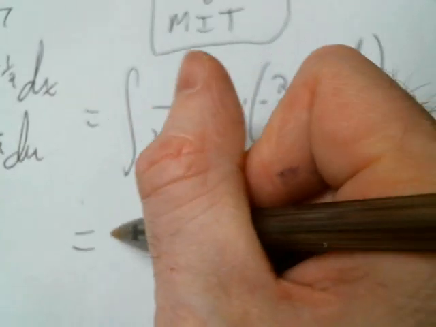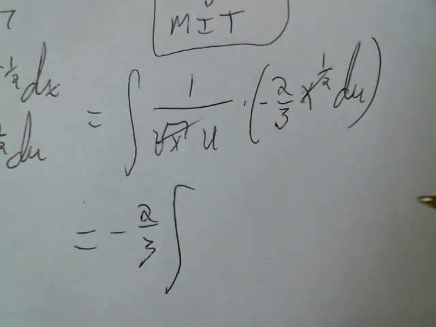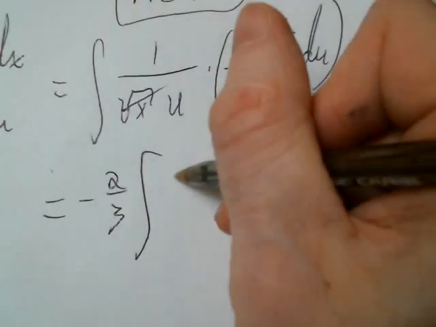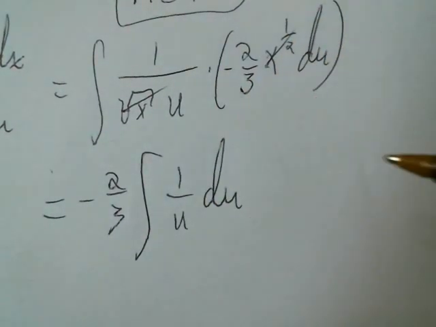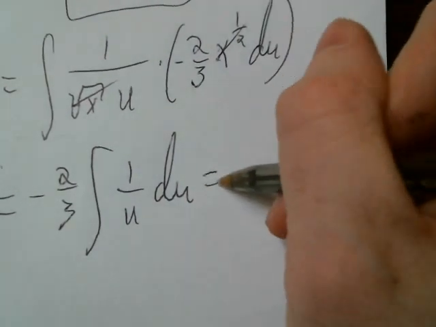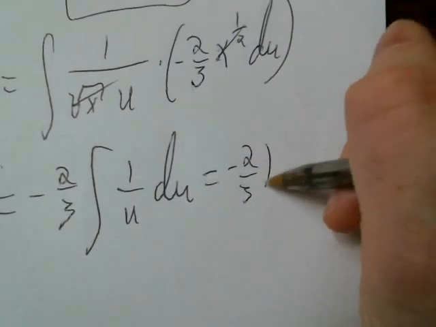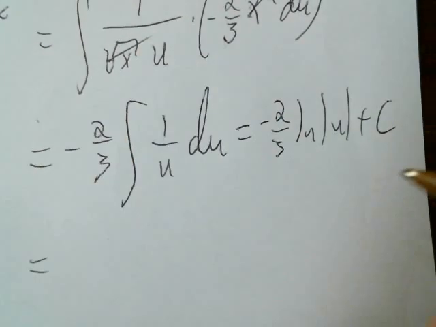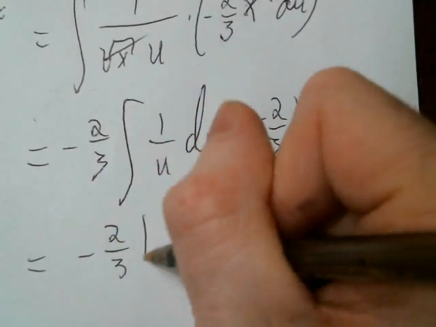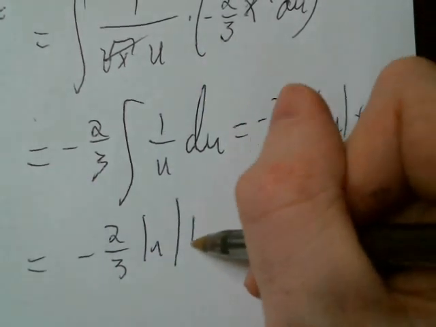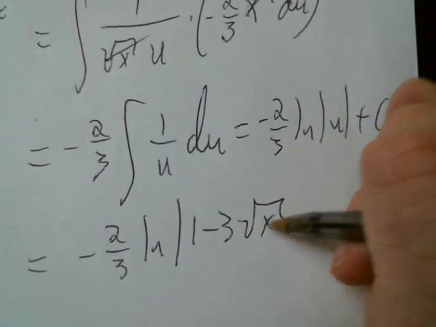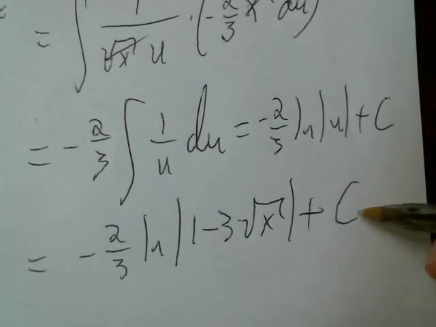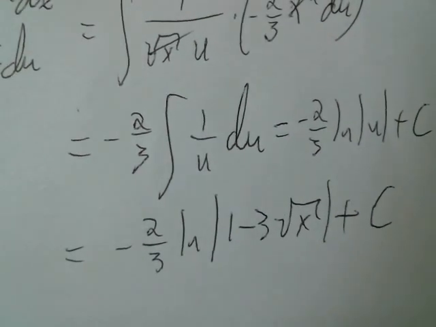You could factor out a negative 2/3, and you get the integral of 1 over u du, which is sort of our integral du jour. That will be negative 2/3 ln absolute value of u plus c. And then finally back sub: negative 2/3 ln absolute value of 1 minus 3 square root x, plus c. All right, yay. Let's look at some other ones.